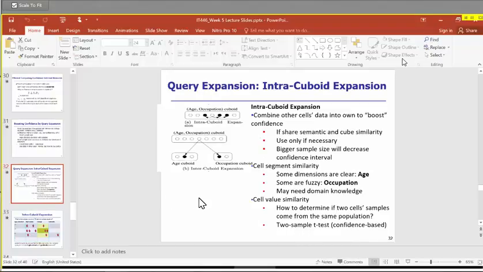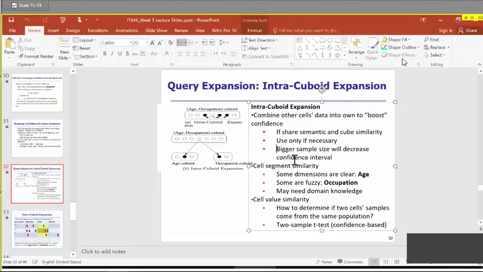Okay, so intra-cuboid expansion, where we combine other cells' data into our own to boost the confidence. You do this if you share semantic and cube similarity, and you use it only if it is necessary, because a bigger sample size may not always decrease the confidence interval, since the added data do not belong to your data class or cuboid.